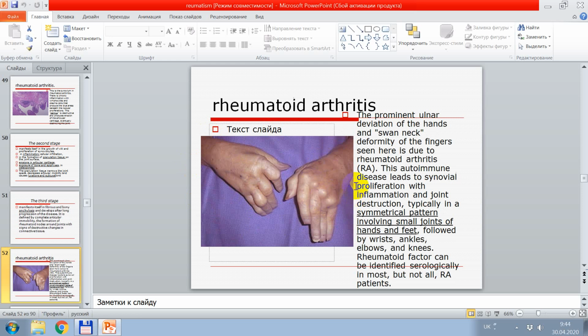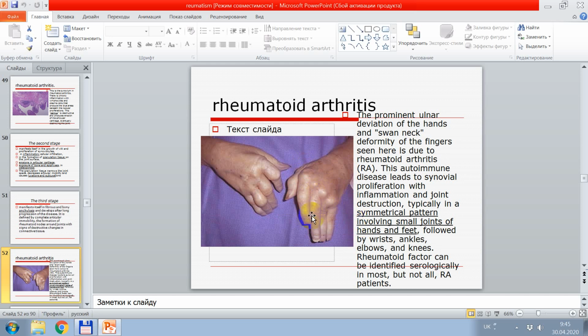The prominent ulnar deviation of the hands and swan neck deformity of the fingers seen here is due to rheumatoid arthritis. This autoimmune disease leads to synovial proliferation with inflammation and joint destruction, typically in a symmetrical pattern involving small joints of hands and feet, followed by wrists, ankles, elbows, and knees.